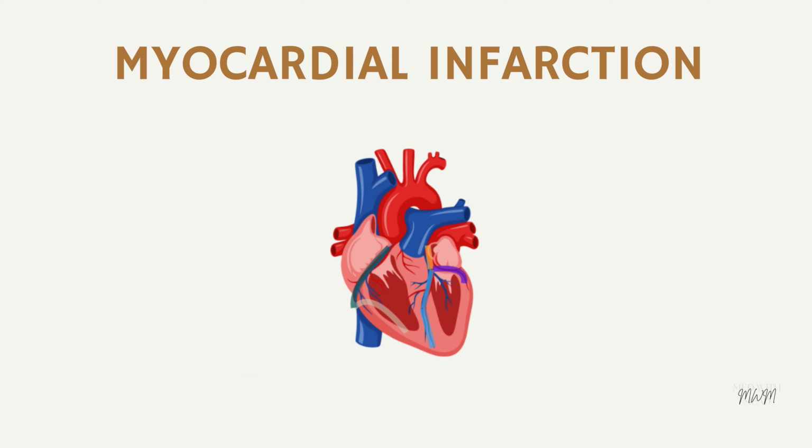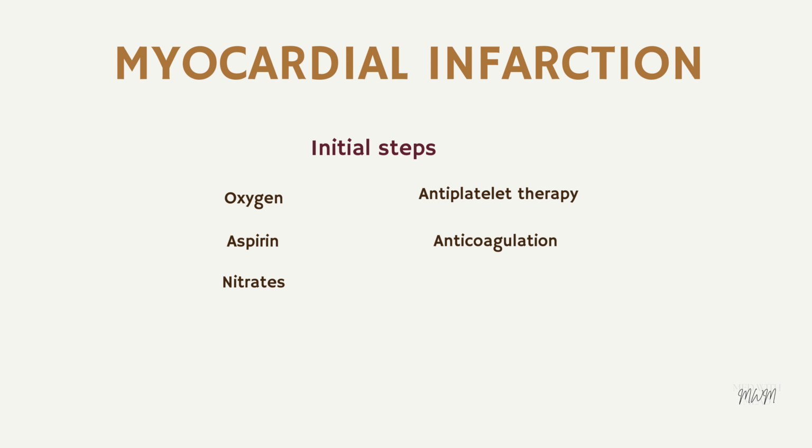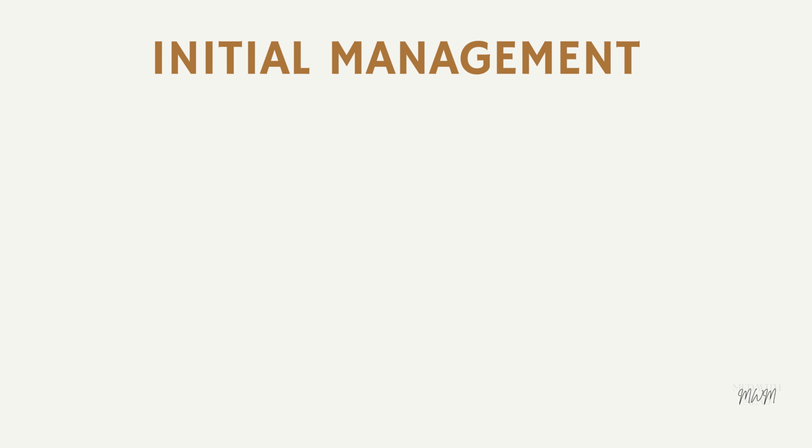In this video, we will focus on the management of myocardial infarction, the initial steps like oxygen, aspirin, and nitrates, the key medications including antiplatelets and anticoagulants, and finally the big one, reperfusion therapy, whether by fibrinolytics, PCI, or a CABG. Let's dive in.